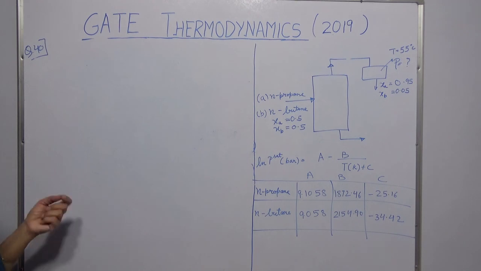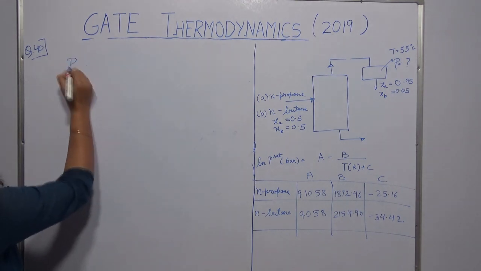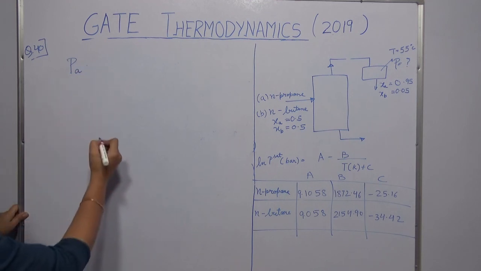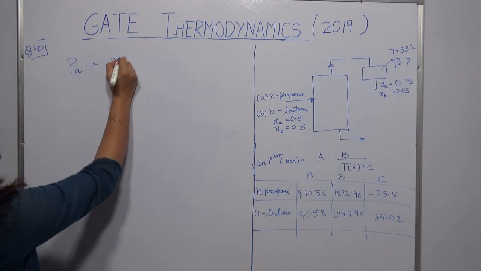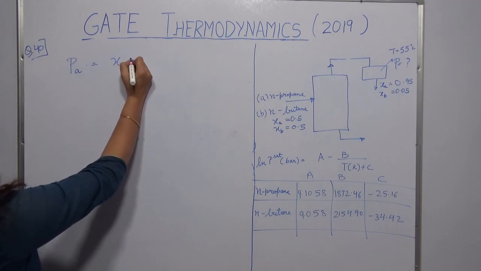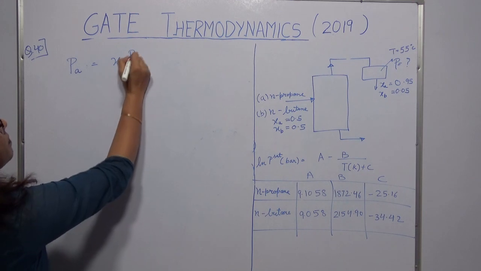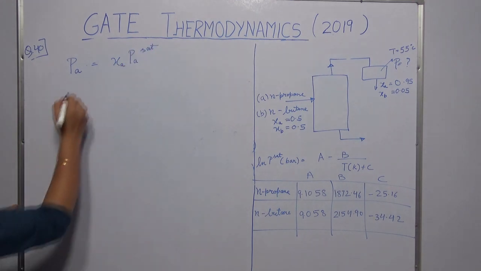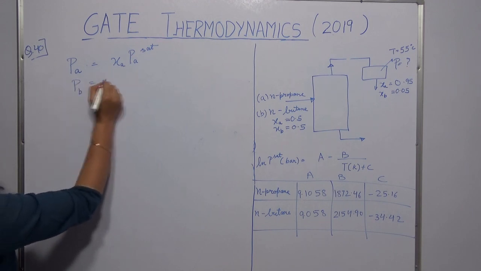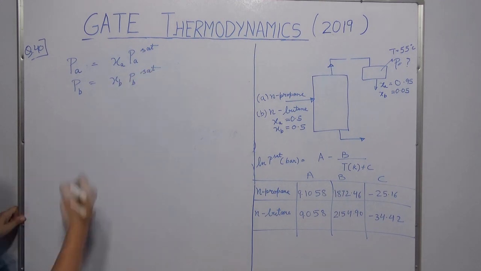Let's write first the Raoult's law for both the components. Let's say my partial pressure for component A is equal to mole fraction XA multiplied with PA saturation. Similarly I can write my Raoult's law for component B, XB, PB saturation.